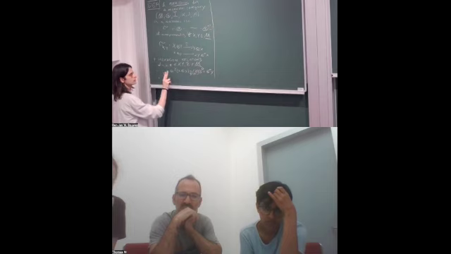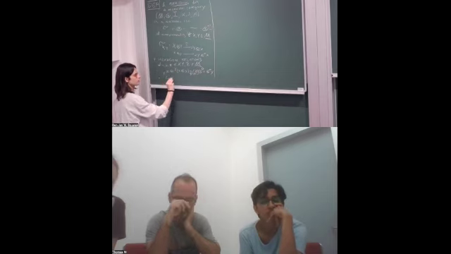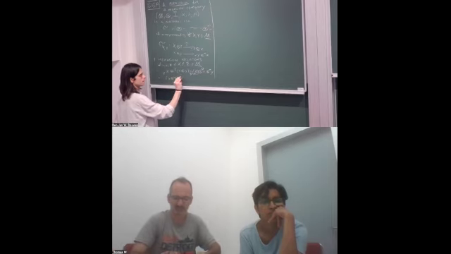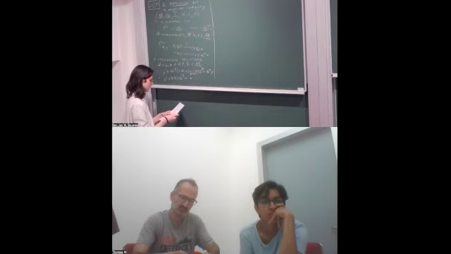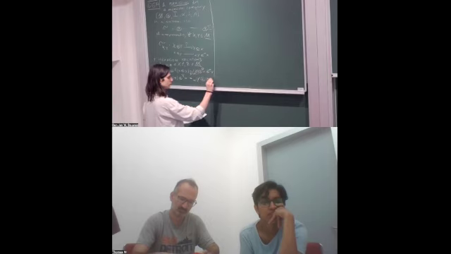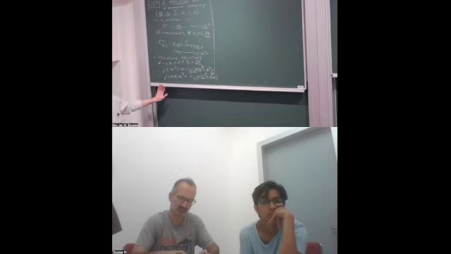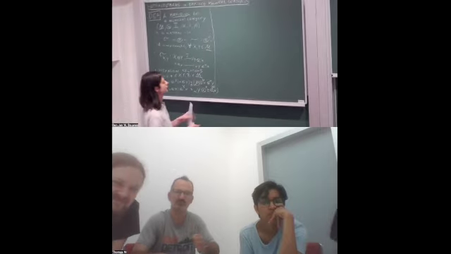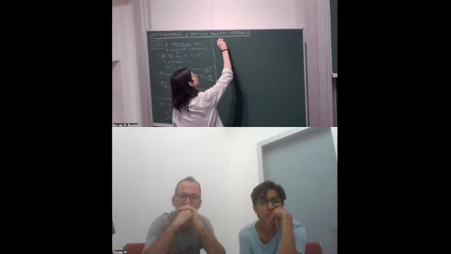So you braid y tensor z with x now, and this will be the same as braiding first x and y and then x and z. Like this.